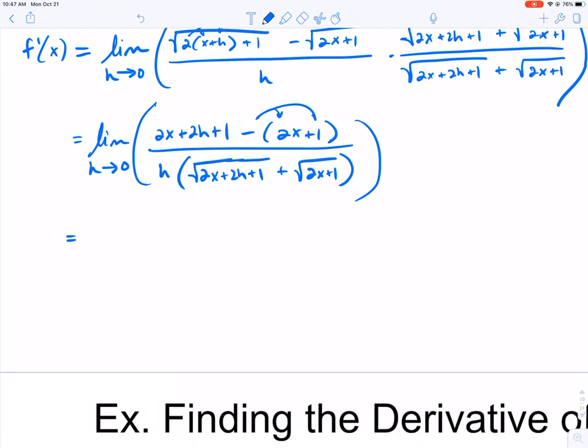And then distributing and combining like terms, it looks like we'll just be left with 2h in the numerator. The 2x's will cancel and the 1 will cancel.